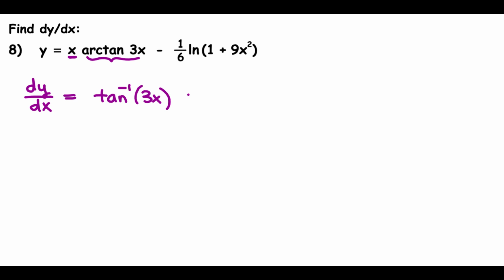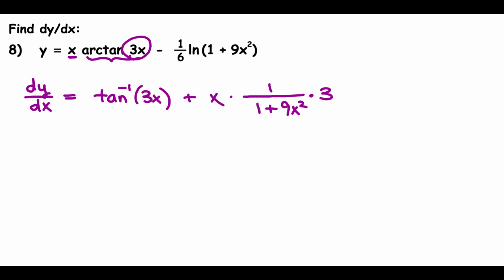Plus u, which is the x, v prime, and this is our new formula. Arctan, so it's going to be 1 over 1 plus, and this 3x is the u, so u squared. 3x times 3x is going to be 9x squared. Times a chain rule of 3, because 3x does have its own derivative, and that's going to be 3.